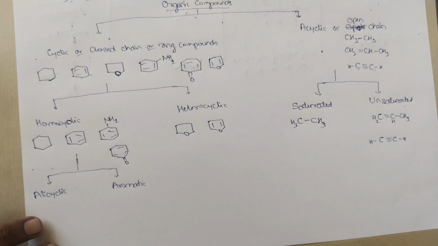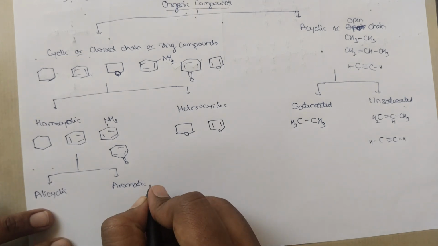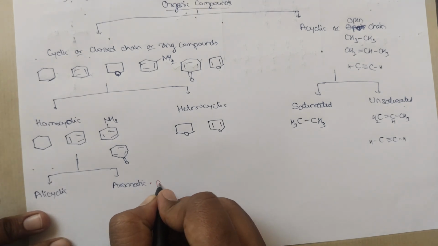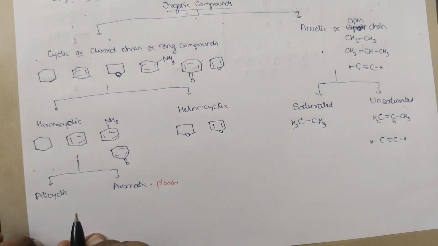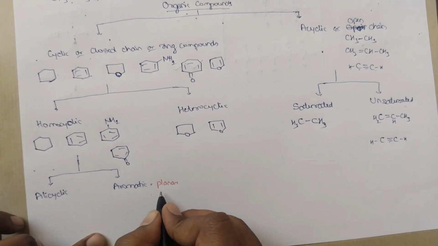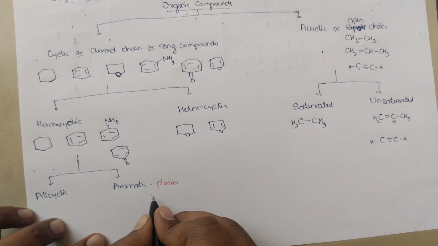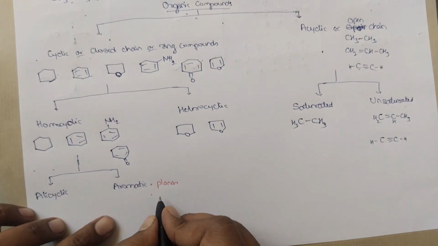What is the meaning of aromatic? Aromatic means the compound should be planar. There are some criteria or rules to be called aromatic. First one is planar, and they should be conjugated, meaning all the atoms should have a vacant, unhybridized p orbital.